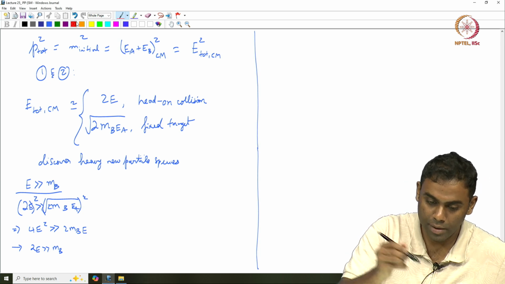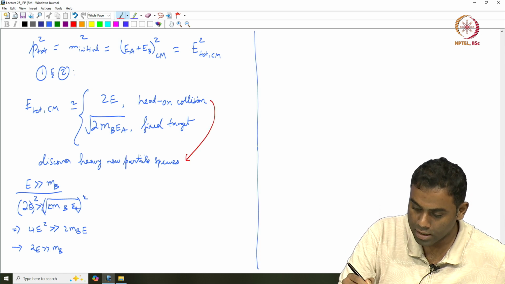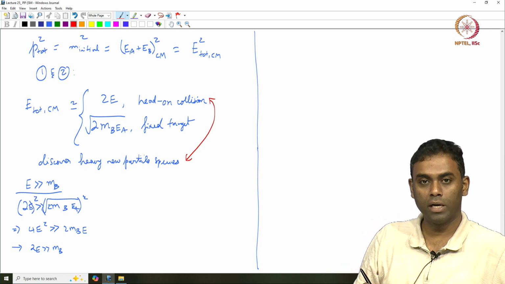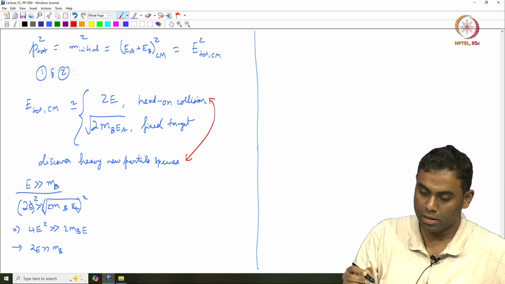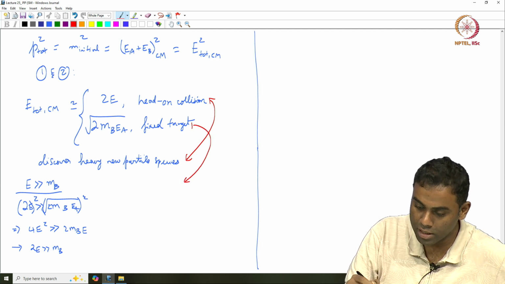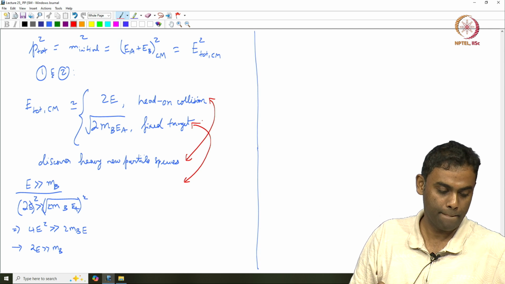So, let me map that onto this. That is the advantage of using a collider with head on collisions of beams. Okay. Then what would ever be the advantage of using a fixed target experiment? Okay.